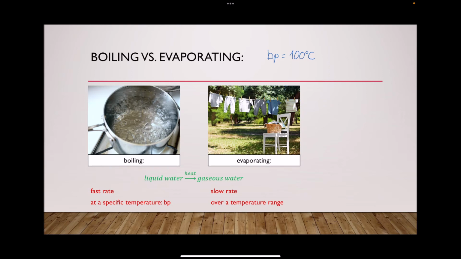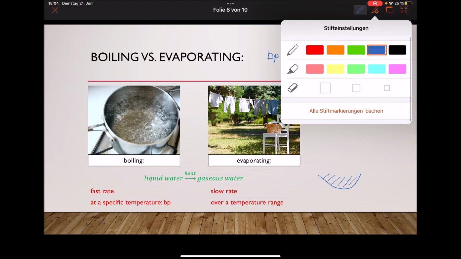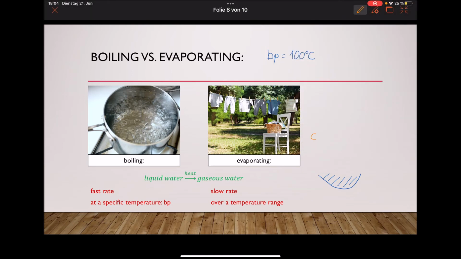Yeah, and there's also another application of evaporation and also condensation, so kind of the opposite process, and this is the water cycle. Within seas and rivers and lakes, we have liquid water, and this water evaporates through the sun.